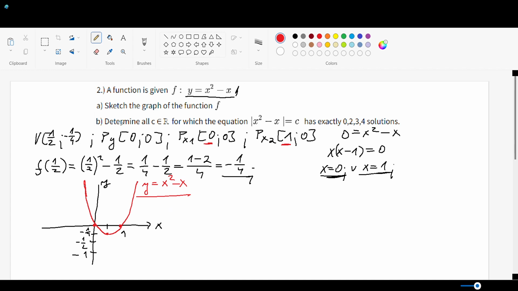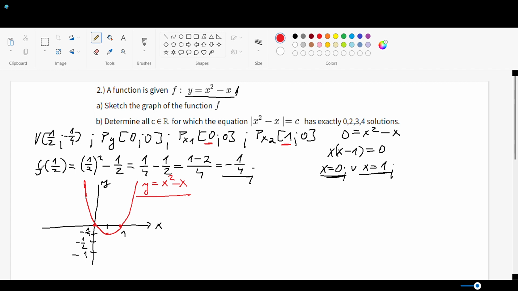Now there comes the second one, and we are supposed to determine all real numbers c for which the equation, the absolute value of x squared take away x, is equal to c, has exactly 0, 2, 3 or 4 solutions. Now let me just use the proper graph.